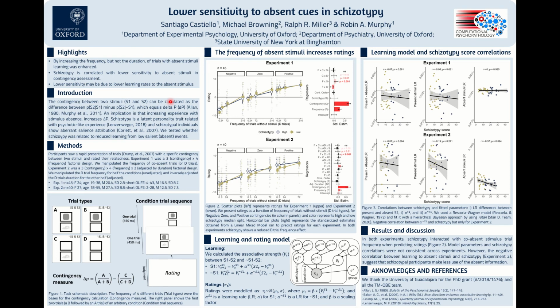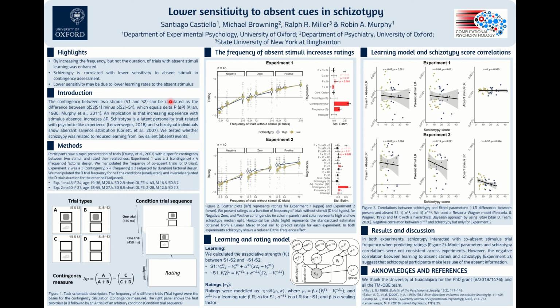So in figure 1, we show how we calculate the correlation, delta P, or contingency, in these tasks. And in these experiments, we believe that by increasing the number of mutually absent events, people will increase their judgments. But in addition, we wanted to explore how schizotypal people incorporate absent information into their judgments.